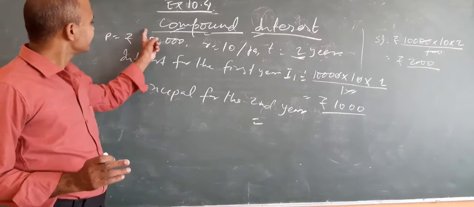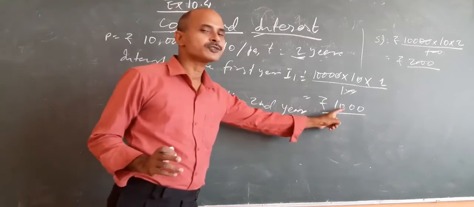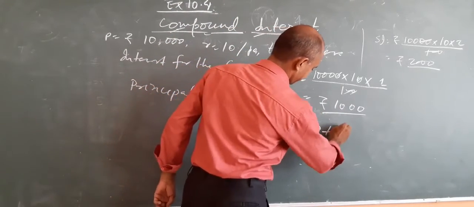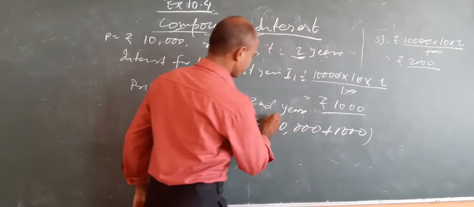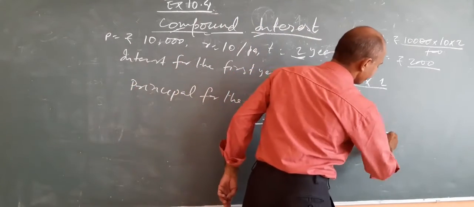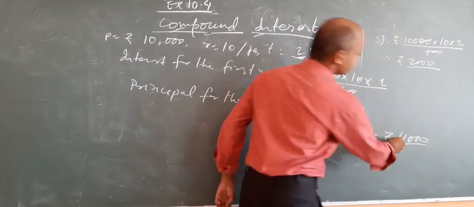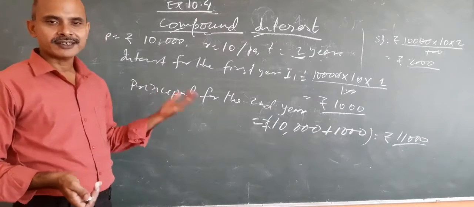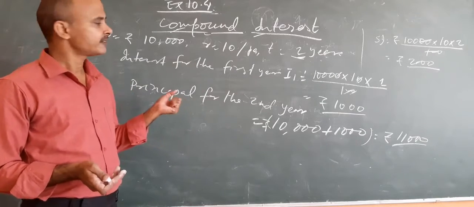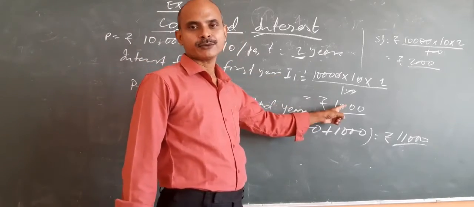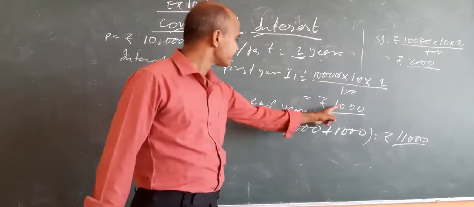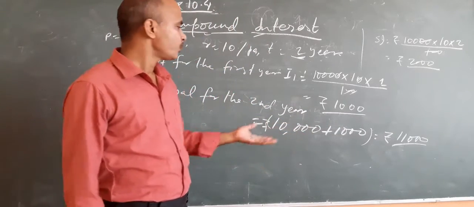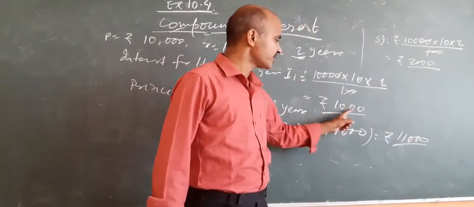The principal is 10,000 plus this 1,000, which is rupees 11,000. As I have said earlier, interest on interest. This 1,000 is the interest for the first year, and this money has become part of the principal, and in the second year we are going to pay interest on this 1,000 also.